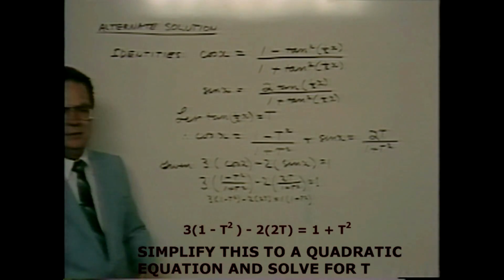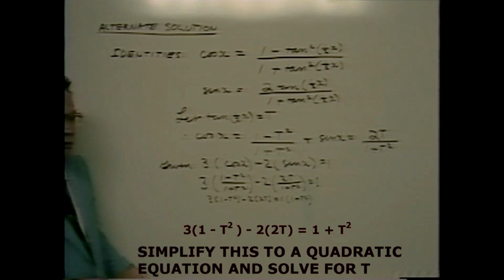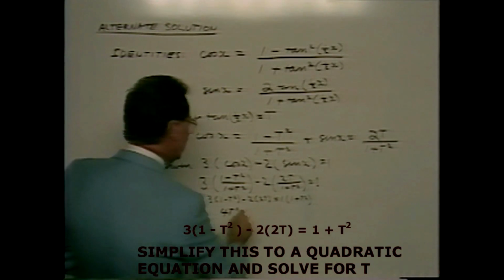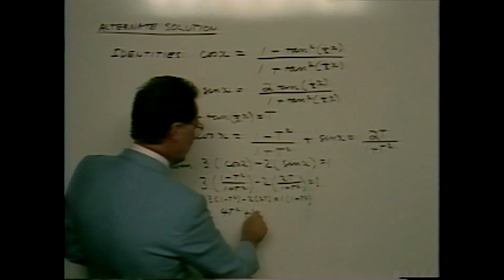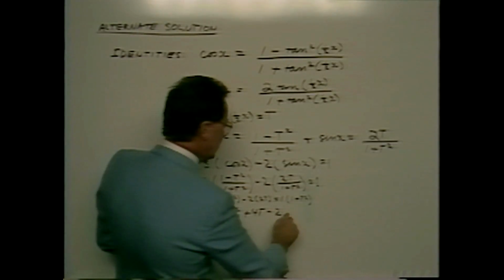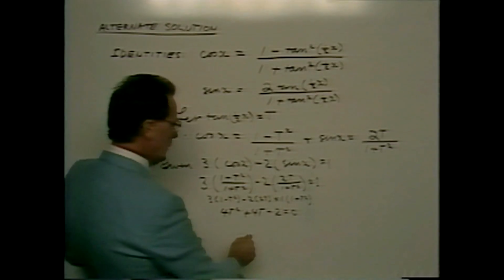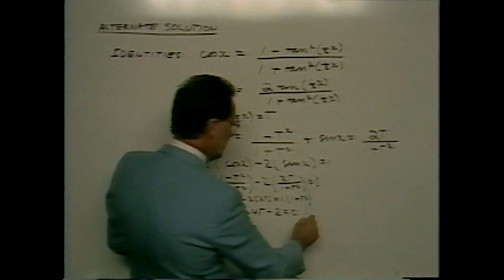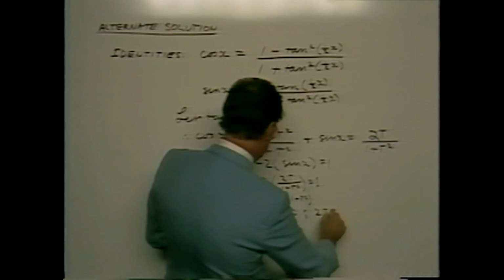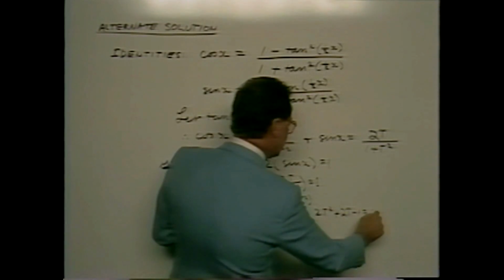When you do all the simplification and collecting of like terms, what you will end up with here is 4t squared plus 4t minus 2 equals 0, which you can see is a quadratic equation. Let's go one further step and simplify this by dividing out 2, reducing it further. 2t squared plus 2t minus 1 is equal to 0.